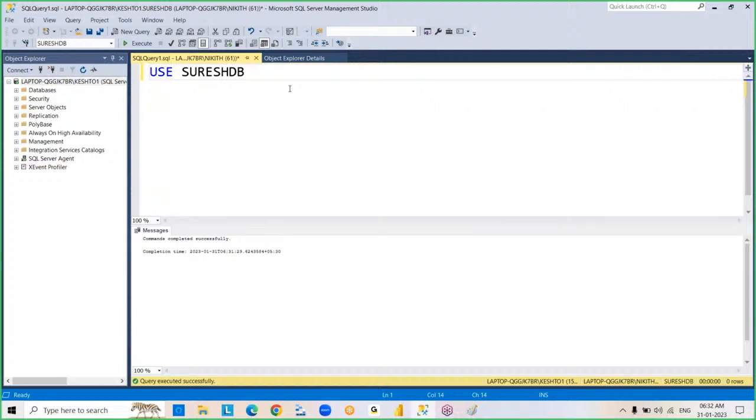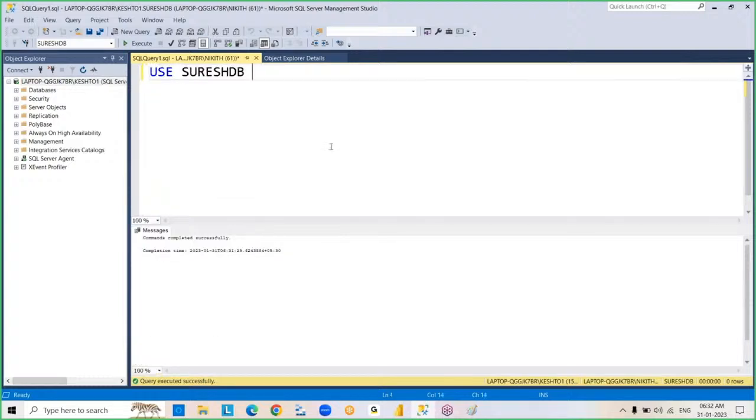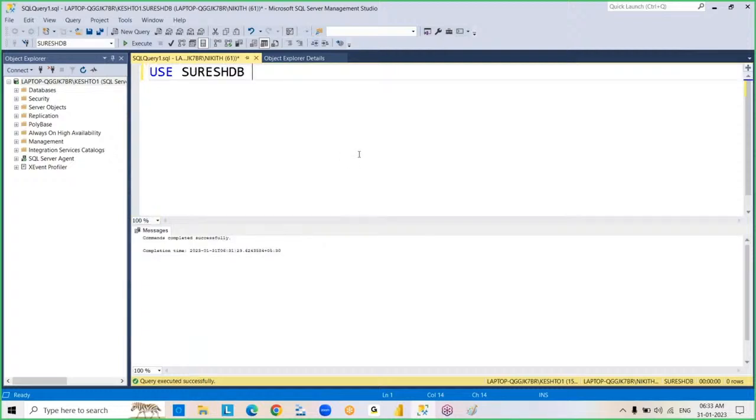Now coming to the next scenario. What are the different types of databases there?